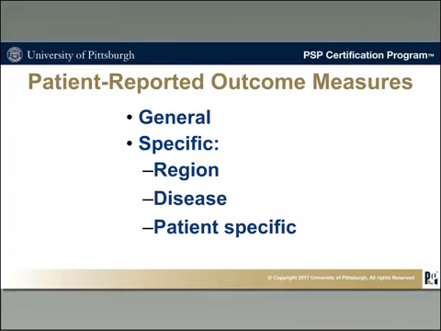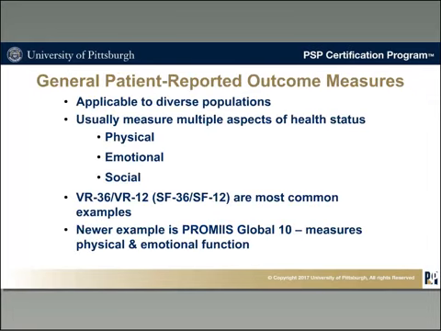There are two broad categories of patient-reported outcome measures, general and specific. Specific outcome measures can be disease, region, or patient-specific. So when we look at general patient-reported outcome measures, these are applicable to diverse patient populations.